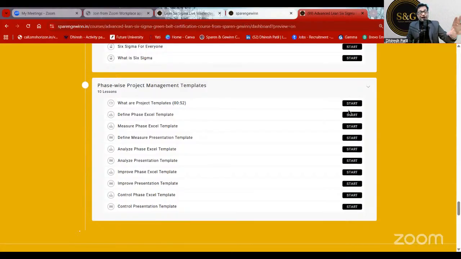So that reference you can use for your own project, and they are arranged in sequence: project charter, SIPOC, stakeholder management, all there in sequence. You just have to follow one by one, check the tool, see the reference given, and accordingly follow the same.